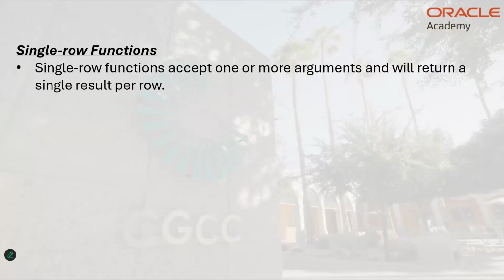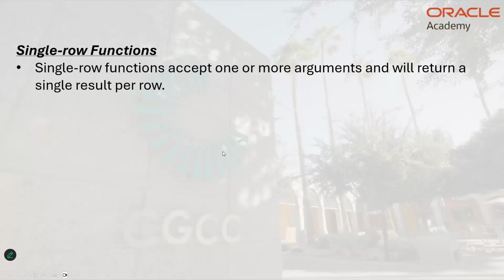So once again, the single row function takes one or more arguments and returns a single result per row. And here's the key, let me say that again. Single row essentially operates on one row. Or you can send multiple rows, but it's going to operate on one row and create a result for that one row at a time.